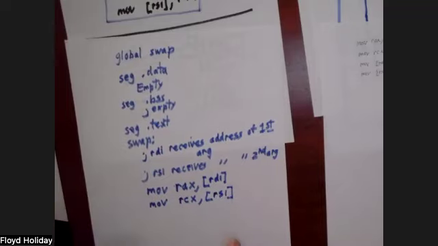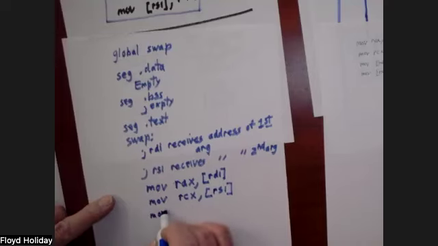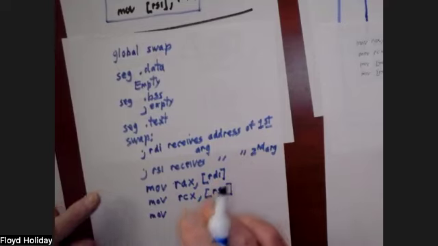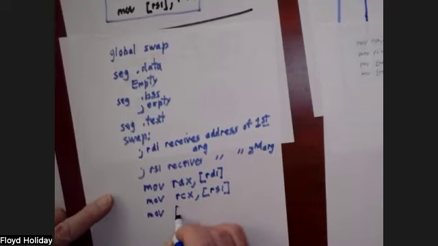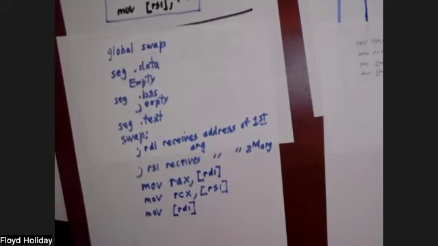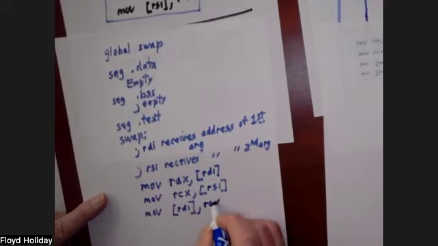Now, RDI with brackets on it is the actual number in that first parameter, but it gets the number that came from the second, RCX.